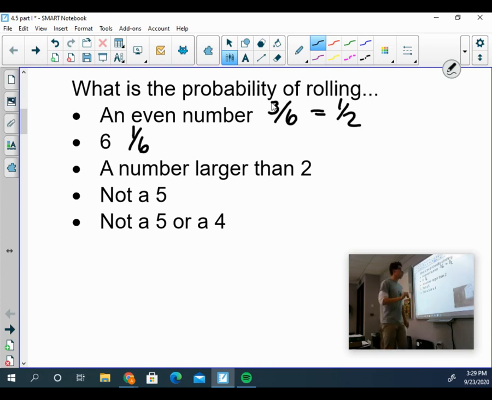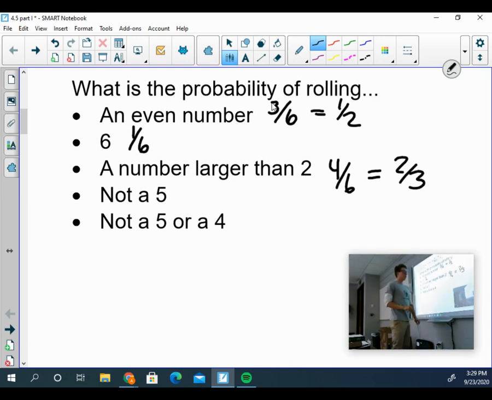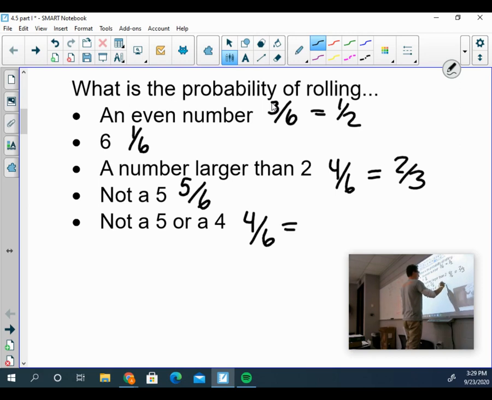There are 4 numbers larger than 2 on a 6-sided die, so 4 out of 6, which is the same as 2/3. Not a 5 would be a 5 in 6 chance. And not a 5 or a 4? Again, there are 4 other numbers, so that'd be a 4 in 6 chance.